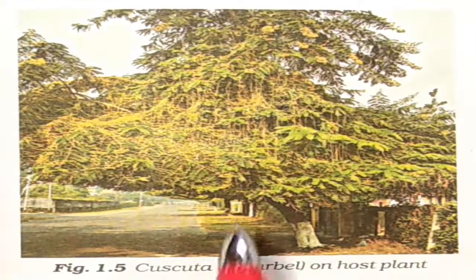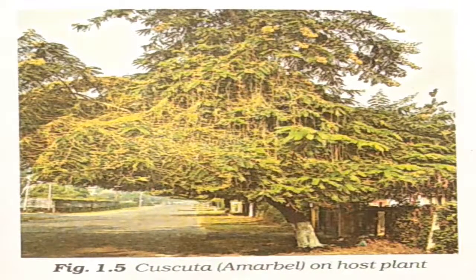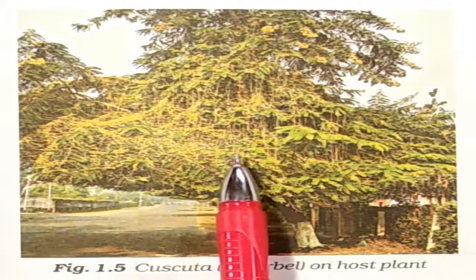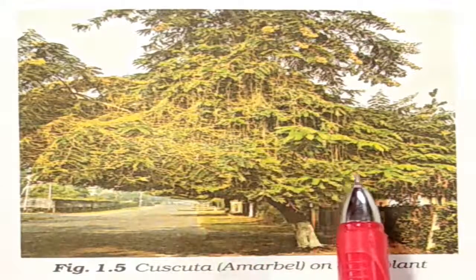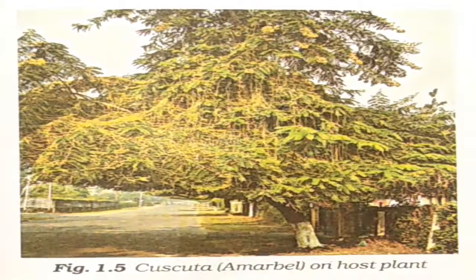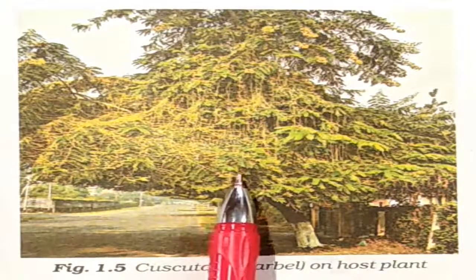This is the cuscuta or amarbel. This cuscuta depends on the host plant, that is the tree. So the nutrients from this host plant, that is the tree, will be taken up by this cuscuta.